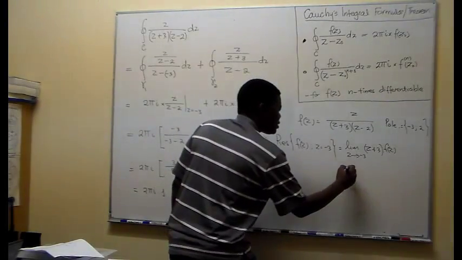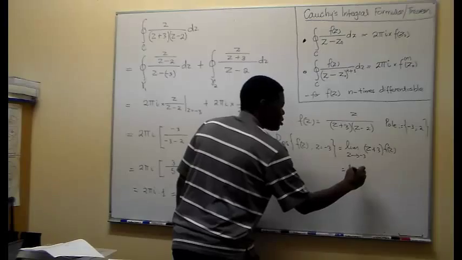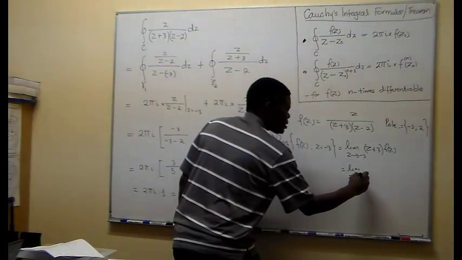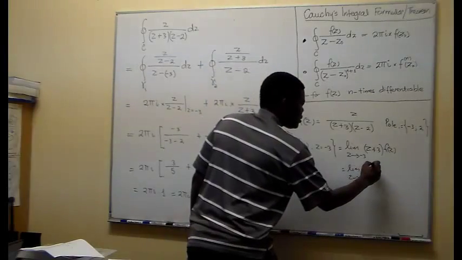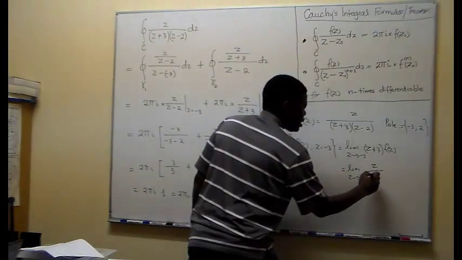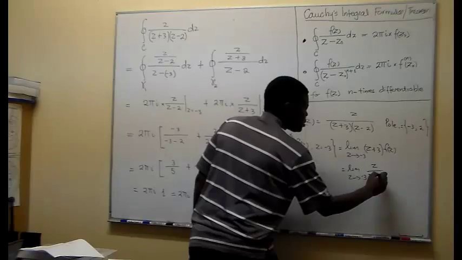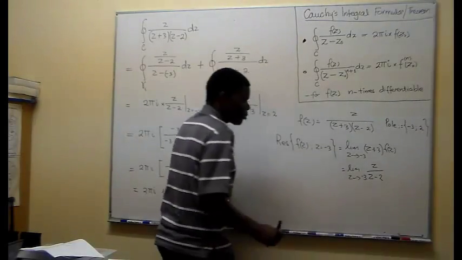Then this gives us the limit as z is going to minus 3 of z over z minus 2.